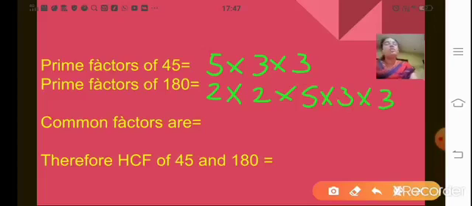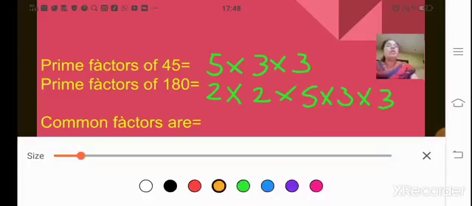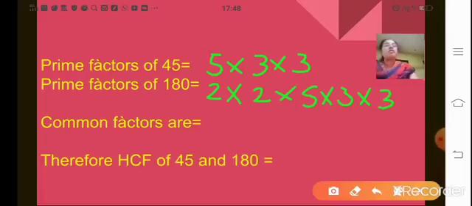Now what do you have to do, children? We have to find the common factors. Which are the common factors? Can you make out? Here the number 5 is common in both the numbers. Is there any 2 common? No. 3, yes, 3 is common here.